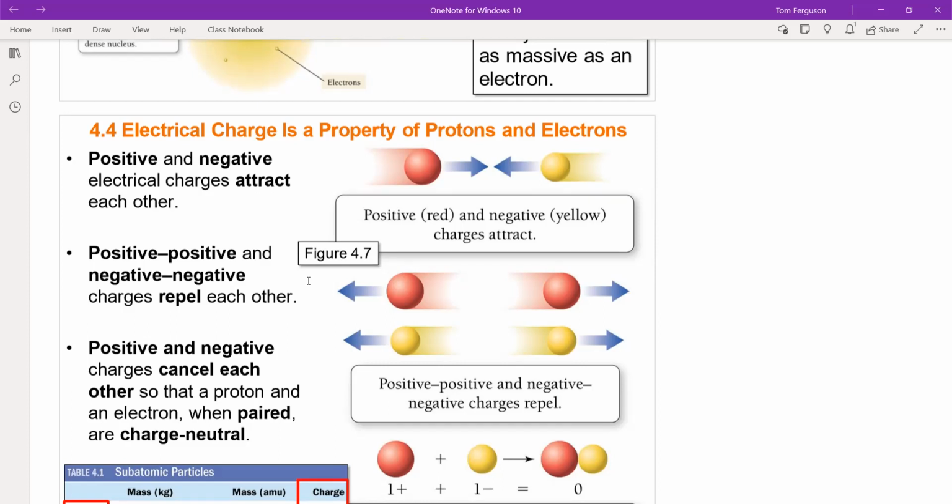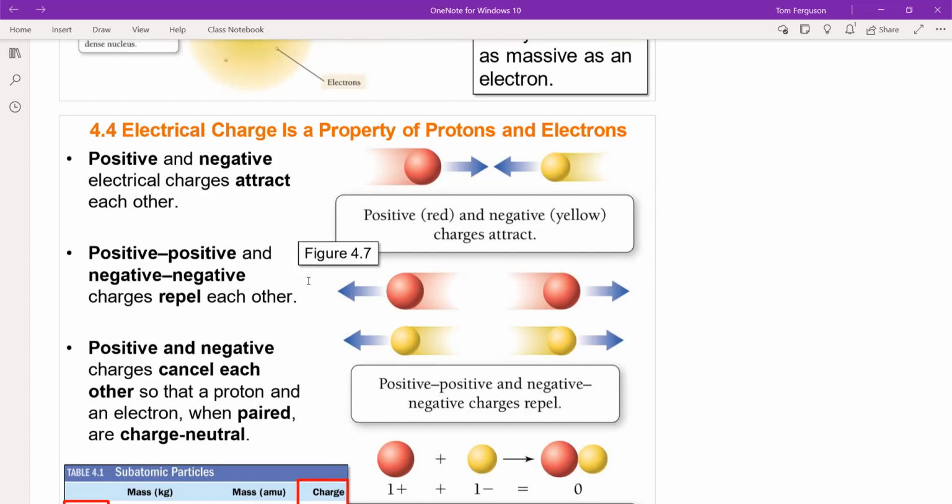I want you to think, what particle are we talking about that has 0 charge? A stable one? Yeah. Very stable. What particle has no charge? Neutron.